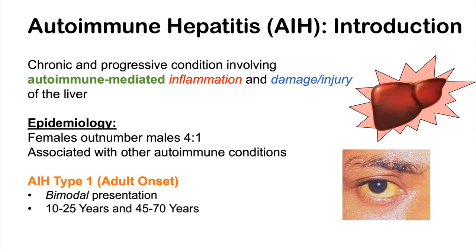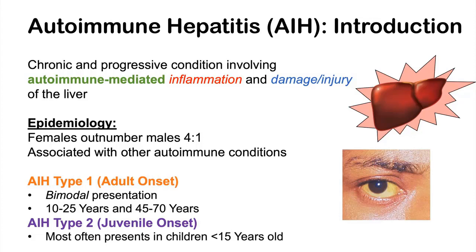The first one is between the age of 10 to 25 years, and the other time is between 45 to 70 years. And the classical symptom is jaundice. While the type 2, which is juvenile onset, most often presents in children less than 15 years of age.